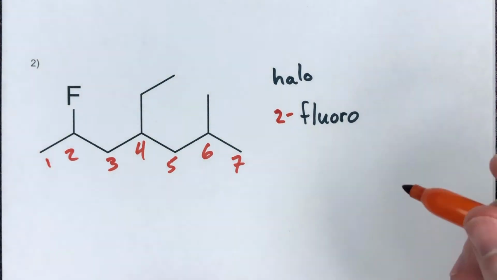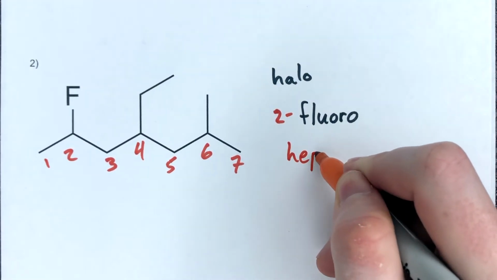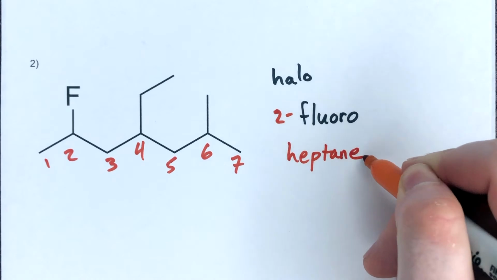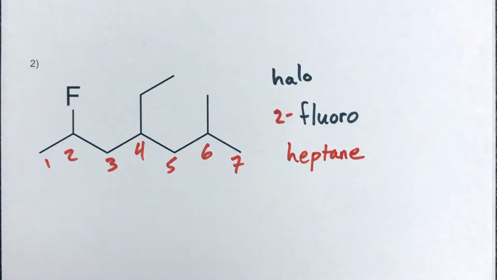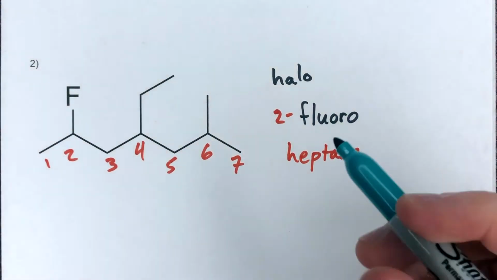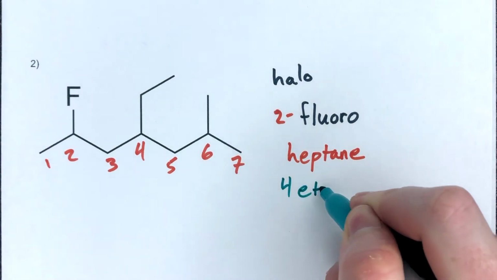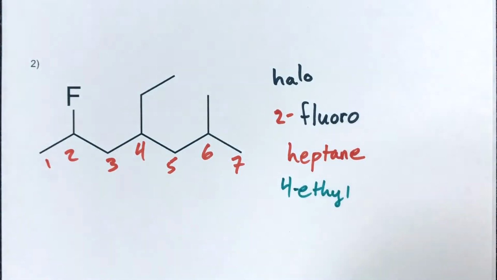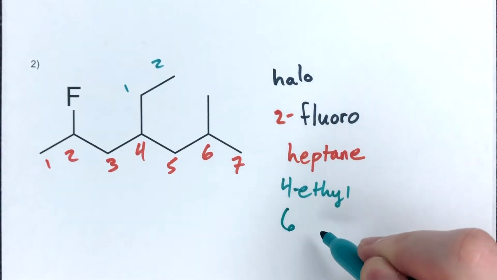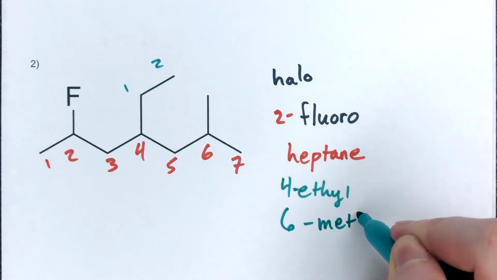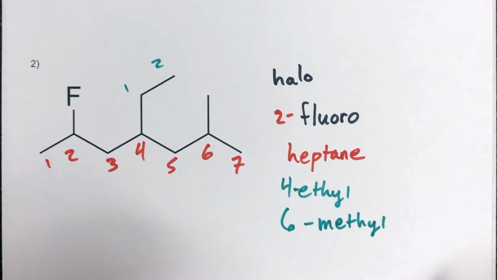And like we saw before, this is a heptane because of the 7 carbons in the longest chain. There is a 4-ethyl still, with the hyphen here, because of the 2-carbon branch. And then now there is a 6-methyl, and it's not a dimethyl now because the fluoro breaks that symmetry that caused the additional prefix.